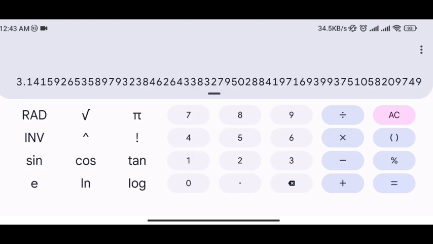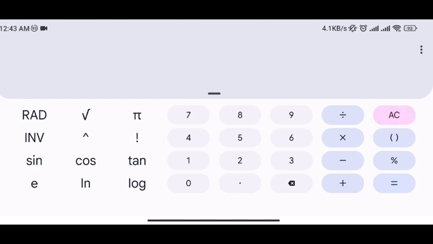Here's the value of pi into 1. You can use 5 power 2 equal to 25. You can use 25 root, 25 equal to 5. The essentials are here.